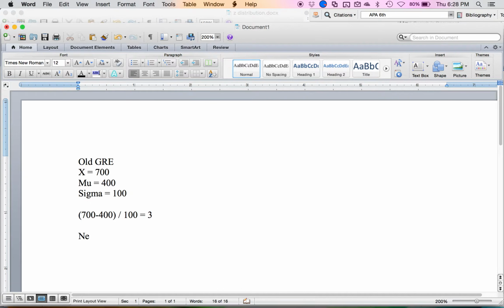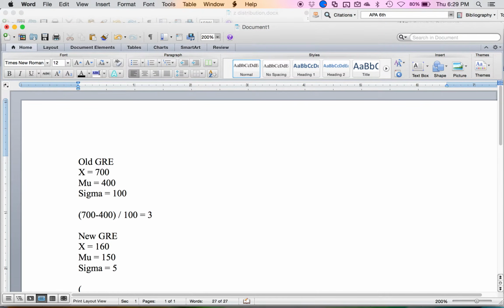Now let's say I had the new GRE, and we had a person who scored a 165. Or let's do a 160, actually, so we don't get the same number twice. So 160, they're above the mean. So the population mean for this new scale is 150. And the population standard deviation is 5 points.